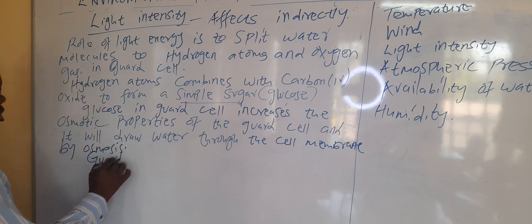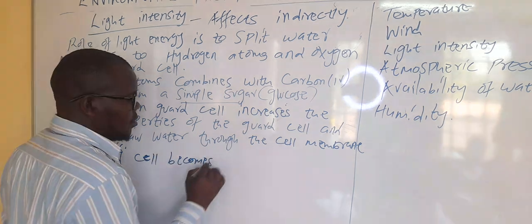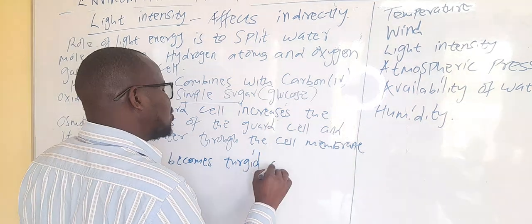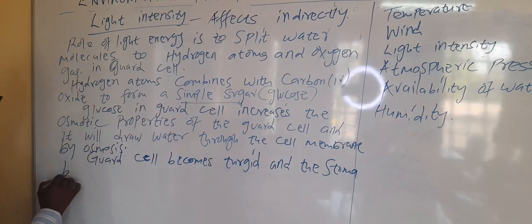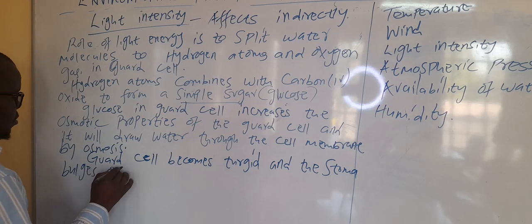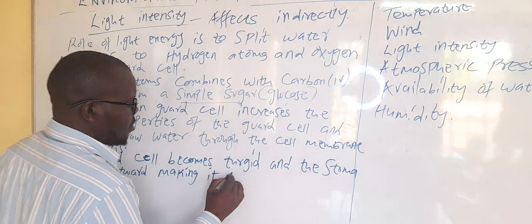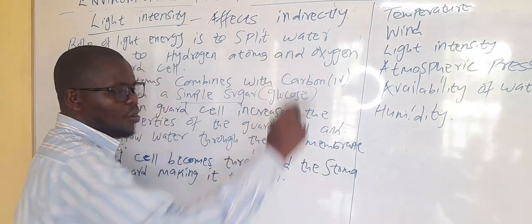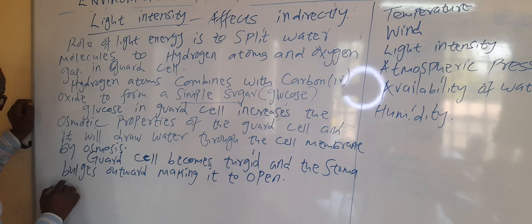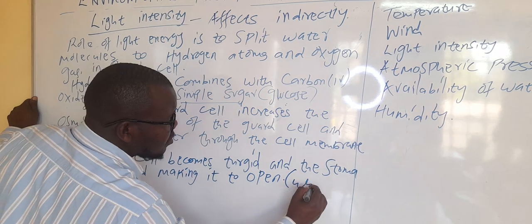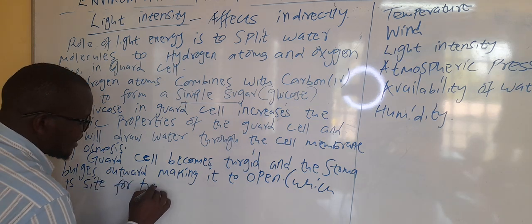The guard cell becomes turgid, and the stoma bulges outwards, making it open. Hope you understand this one. When the stoma opens, it becomes the site for transpiration.